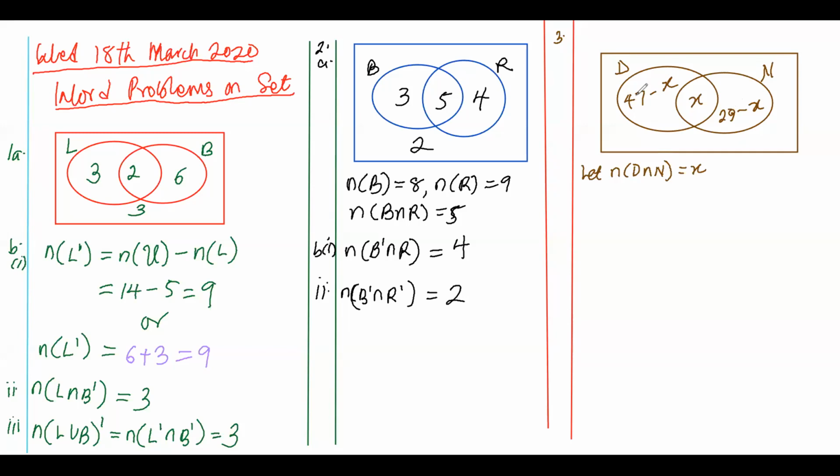Now, to find x, we know that everything is 56. In a factory, 56 people work on the assembly line. Can somebody tell us why we cannot think of a number outside here?